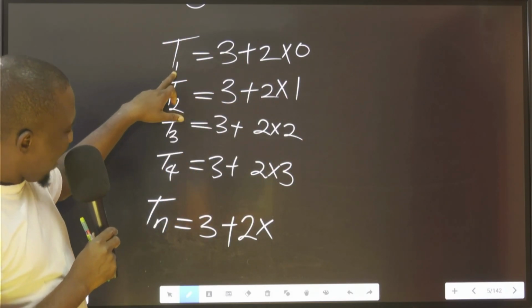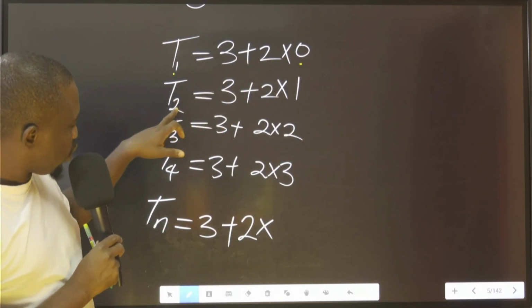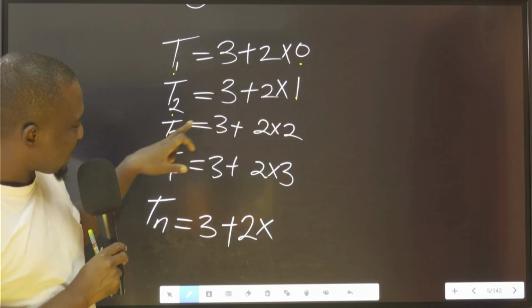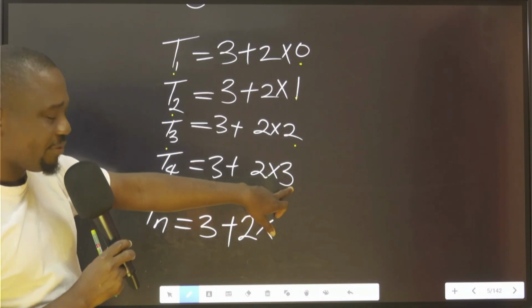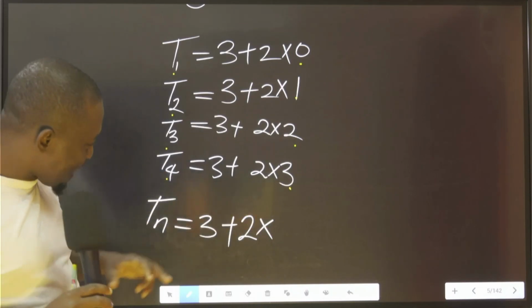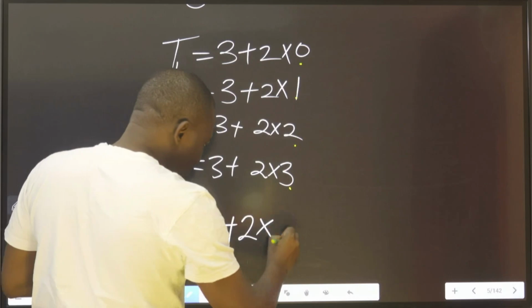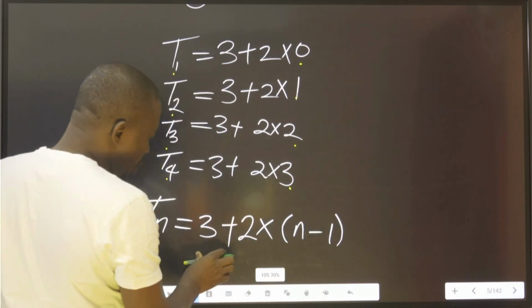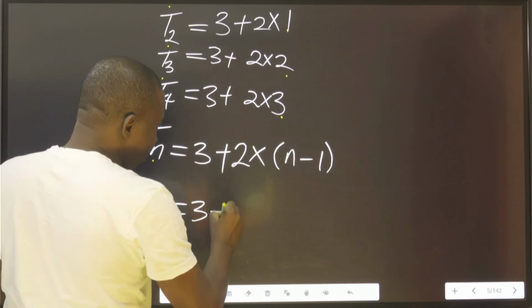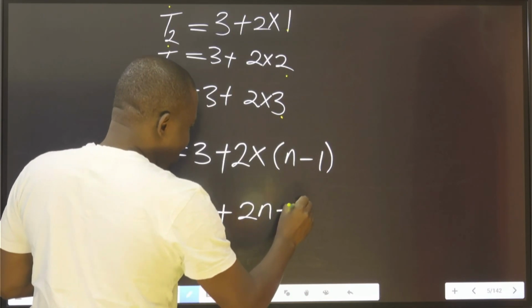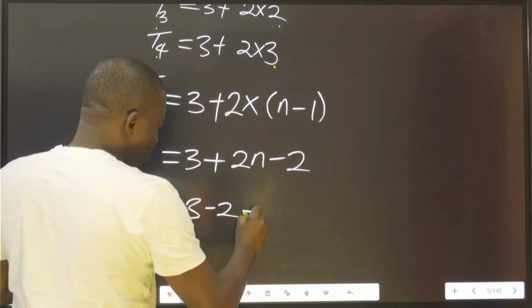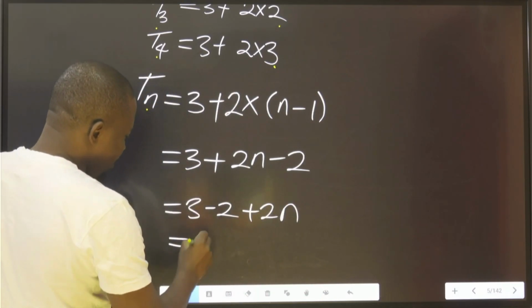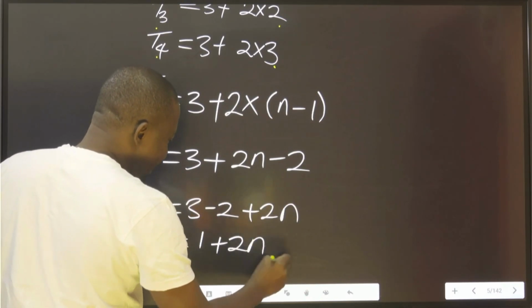If I say 1 minus 1, I will have 0. 2 minus 1, I will have 1. 3 minus 1, I will have 2. 4 minus 1, I will have 3. Therefore, I will say n minus 1. So, you agree with me, this is 2n minus 2, plus 3, which is 1 plus 2n.